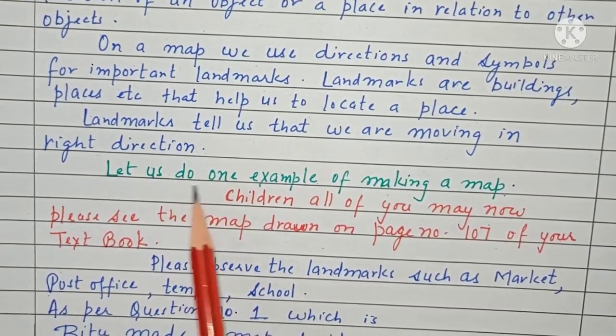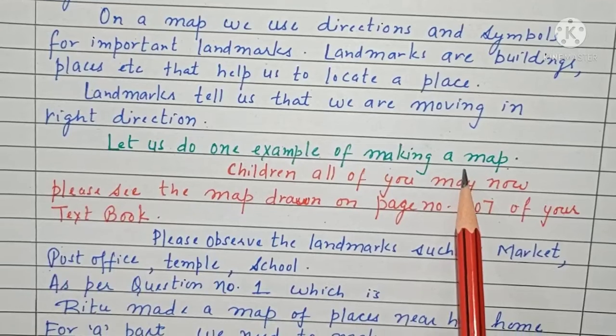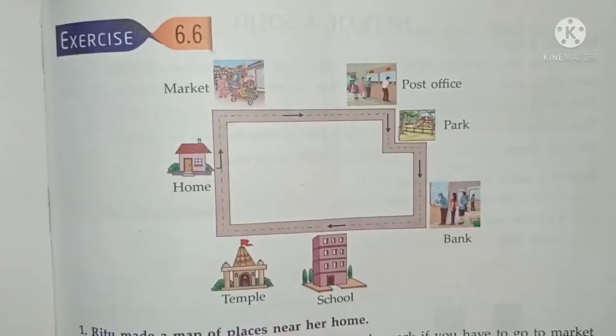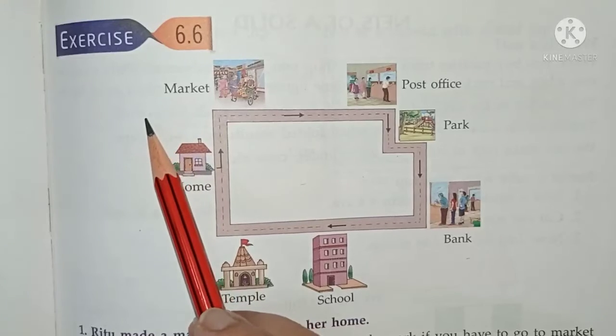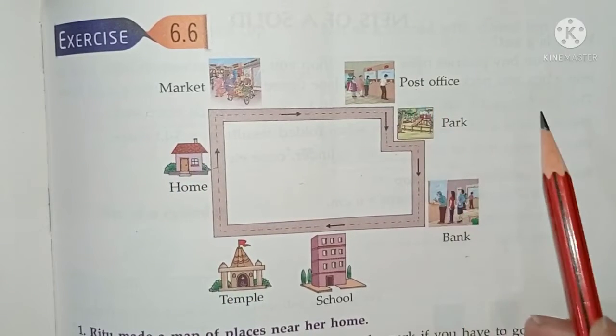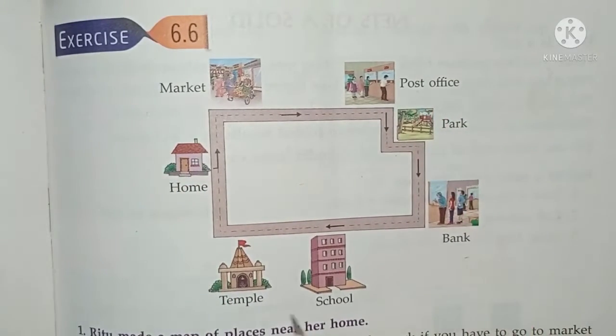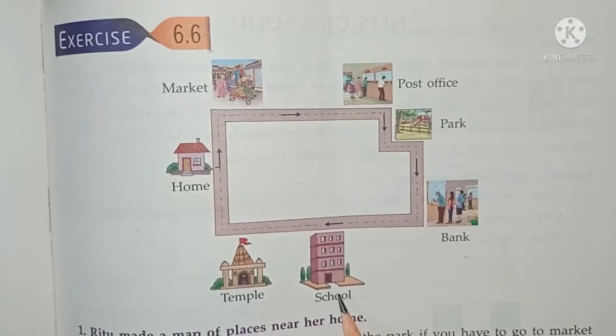So children, let us do one example of making a map. Children, all of you may now please see the map drawn on page number 107 of your textbook. Students, please observe the landmarks such as market, post office, temple and school.